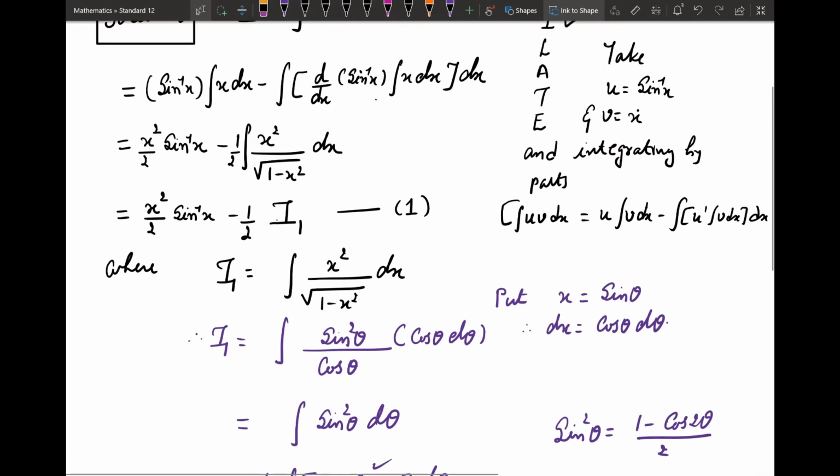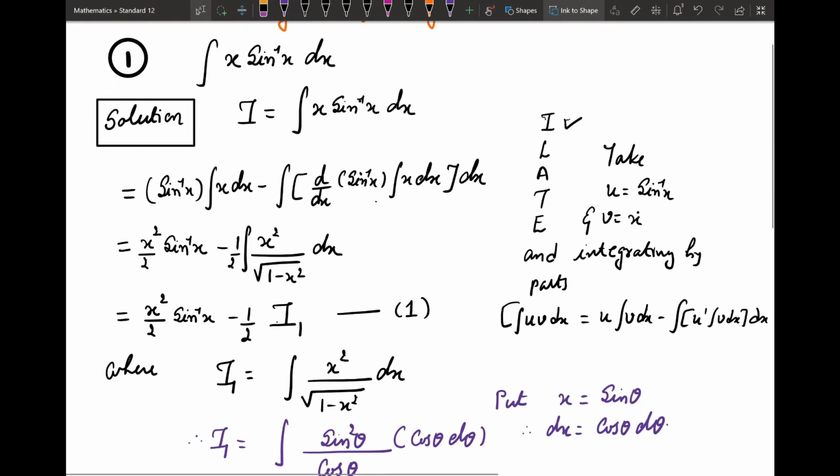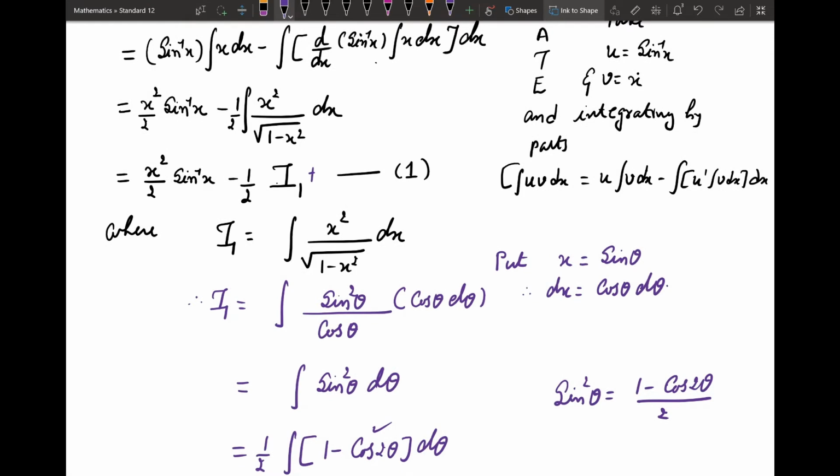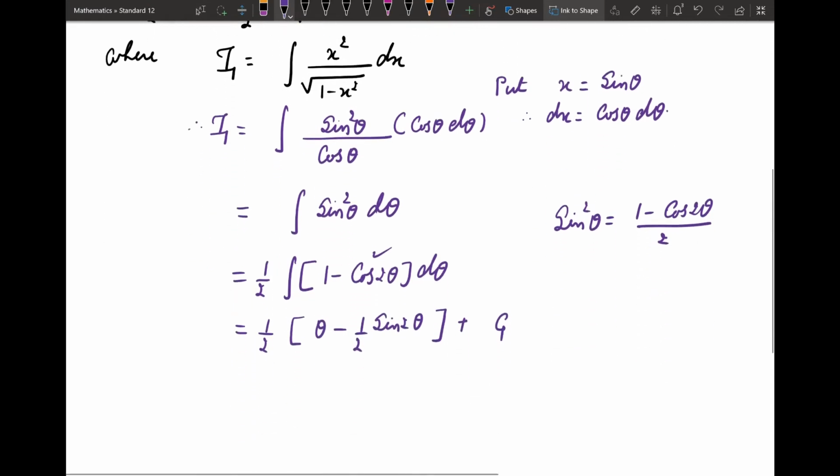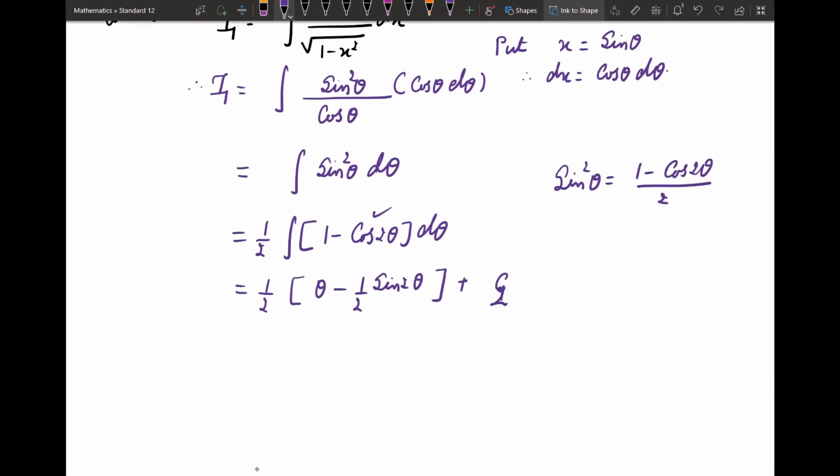Finally we will merge c1 plus c2 equal to c.